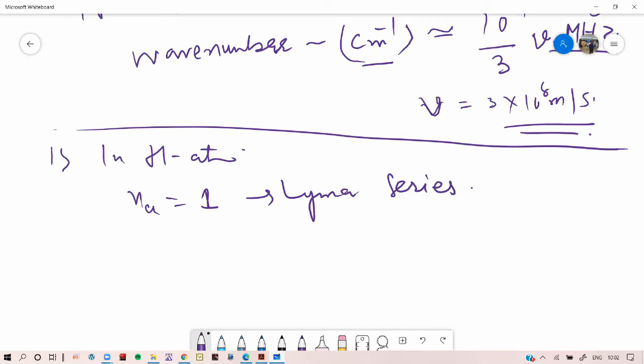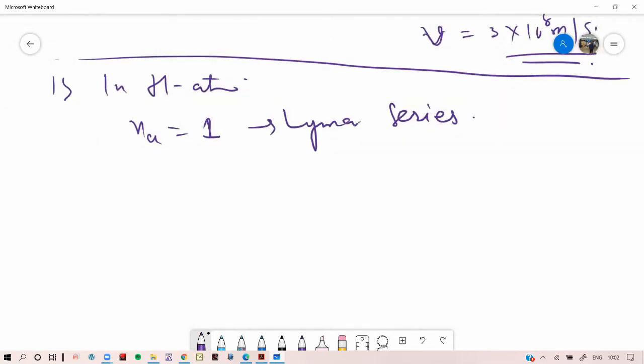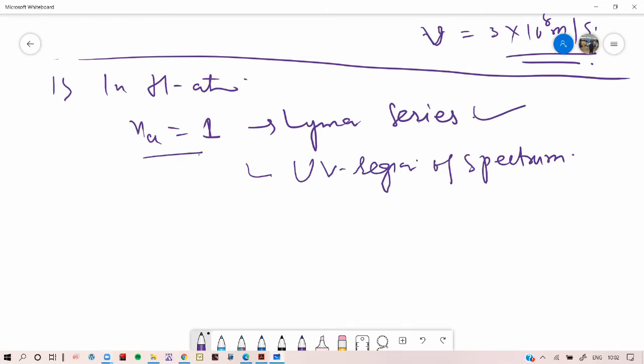When Na is 1 and Nb is 2, 3, 4, with Nb usually greater than Na, it is called the Lyman series, and it lies in the UV region of the electromagnetic spectrum.